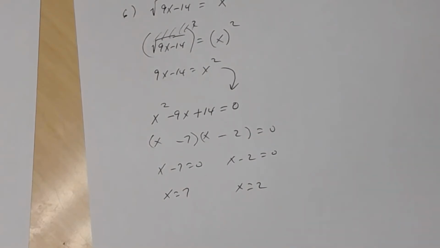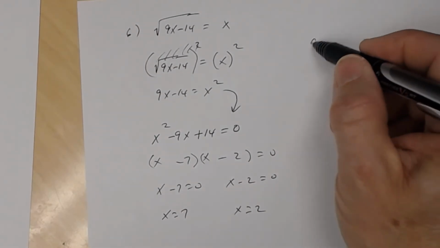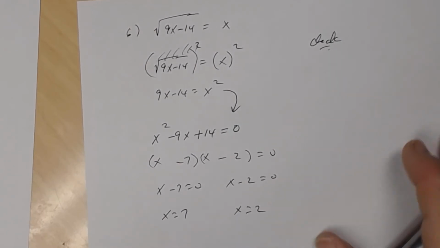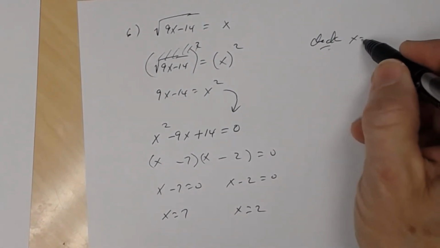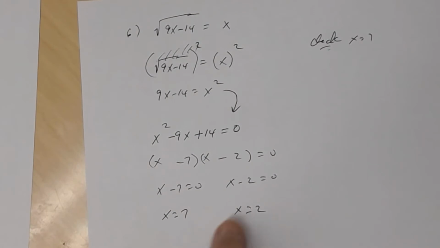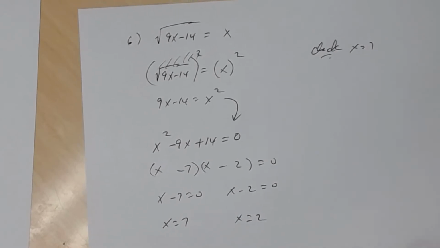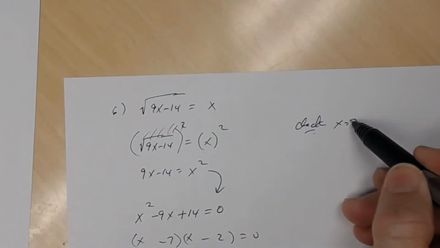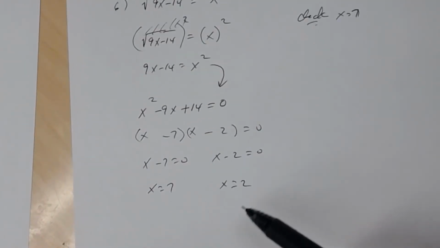All right, now again, you got to check. So let's check both of them, because remember you have to check for extraneous solutions. One of these could be a false solution, or they could both be false solutions for that matter. That's the other step that some people forget to do.